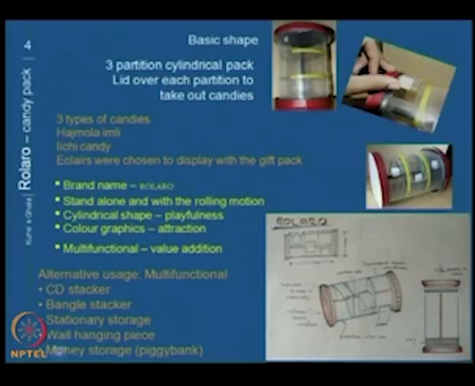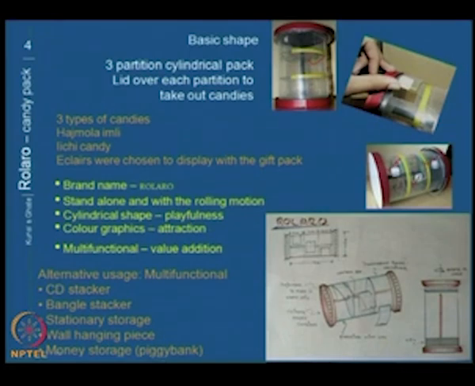Number 4th is a Rolero candy package, the name was given to this package. The basic shape is a drum type of thing, where a 3 partition cylinder pack is led from both sides. So, the 3 chambers have openings at different levels.